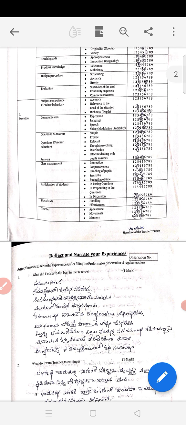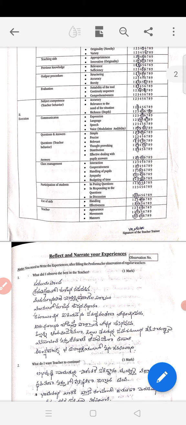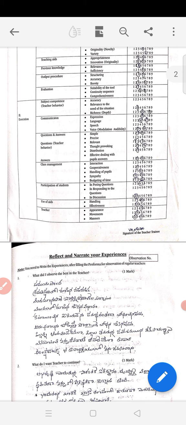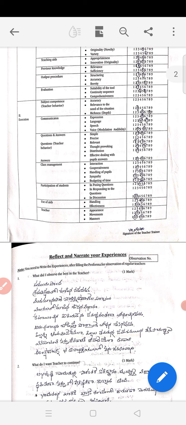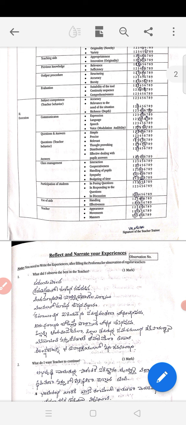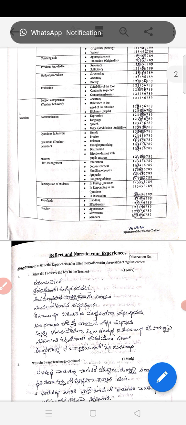Next, distribution: how the teacher is asking questions and how the teacher is distributing questions to the students. Effective dealing with pupils' answers: how the teacher is getting answers to his question from the students and how the teacher is dealing with the students to get the answer from them. For these areas you are going to give a rating.